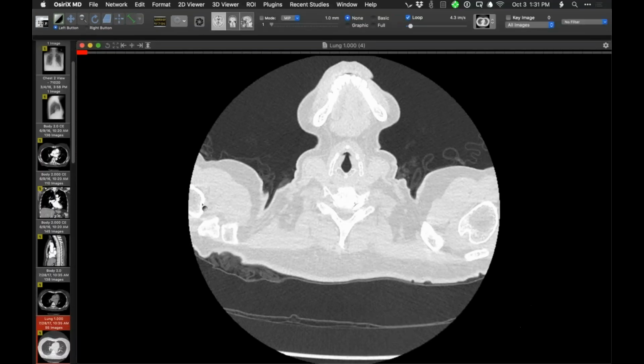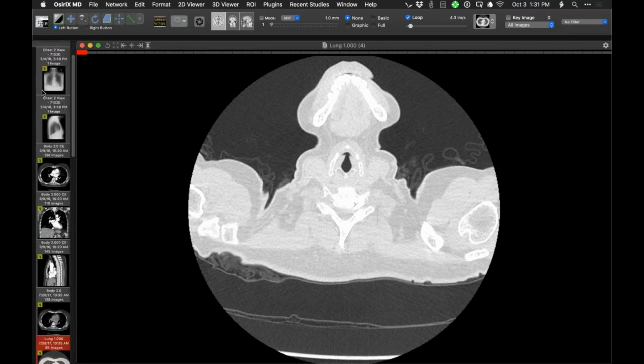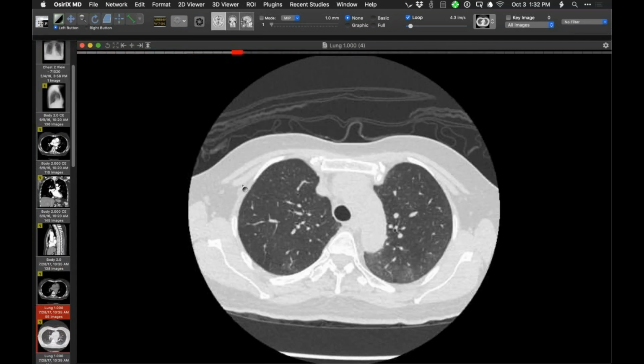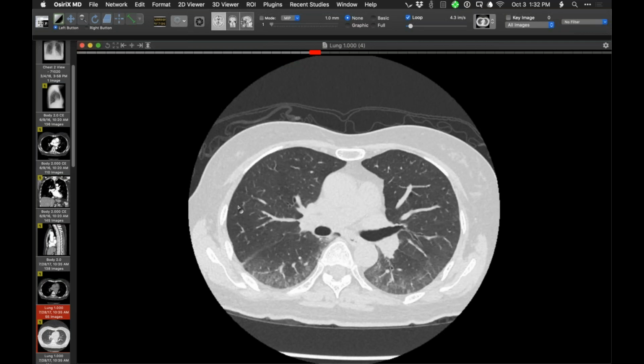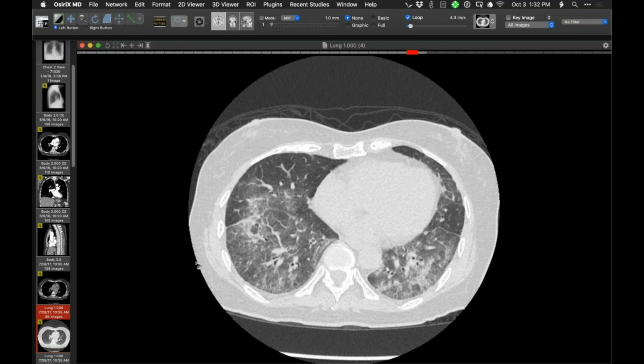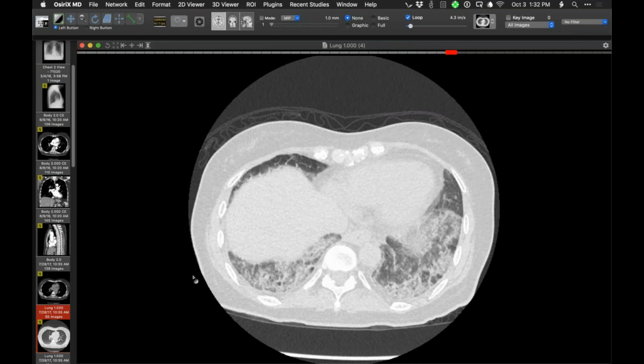So let's go back in time, initially starting in 17, at least a CT from 17. This is what this patient's lungs looked like, particularly in the lung bases down here, where we have very extensive, confluent, ground glass attenuating opacities.